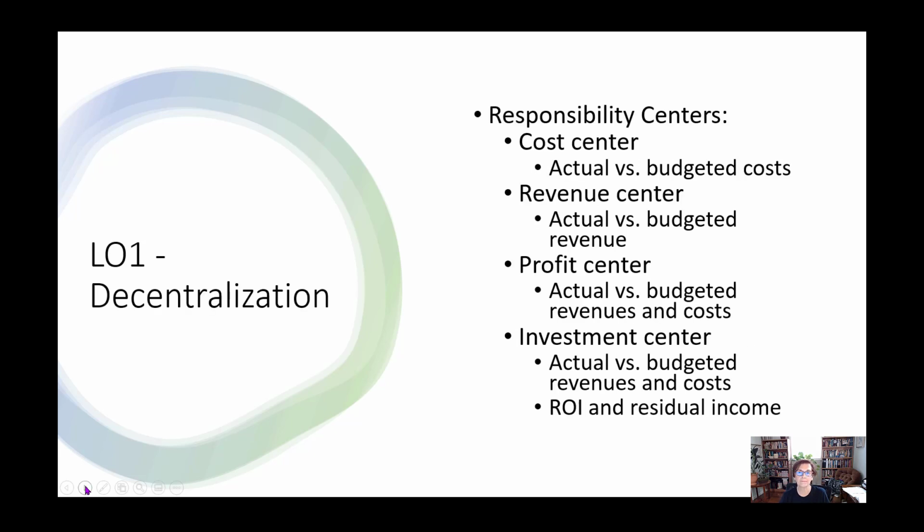Very common. So there are 4 kinds of responsibility centers that result from decentralization, and the idea is that each of these centers is going to be evaluated in a different way. So performance evaluation means we're looking at how well this unit is doing, right, compared to what we expect it to do.